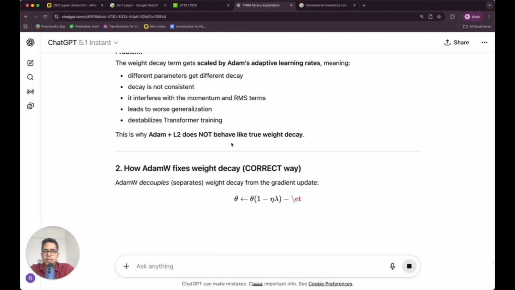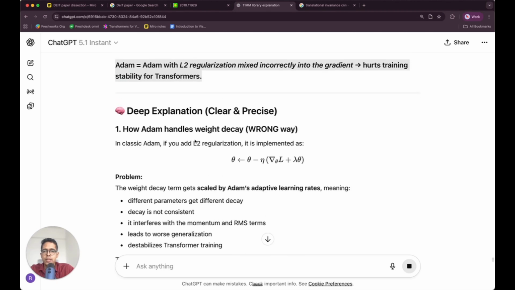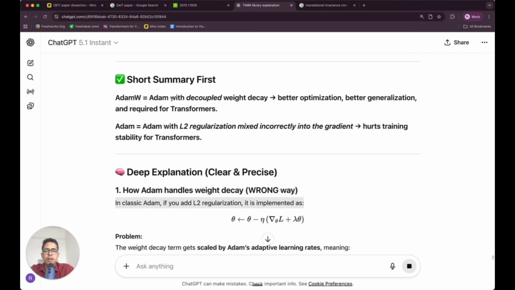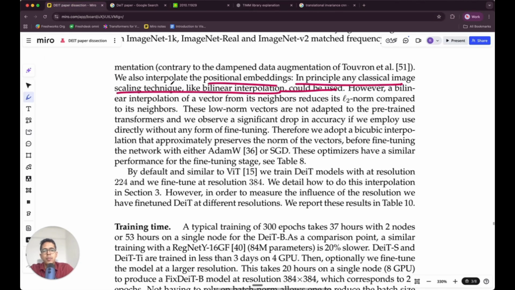Okay, this is not something that we need to go into right now. It looks like a straightforward thing. We know what Adam is, but I guess this is more about weight decay rather than about implementation of Adam itself.